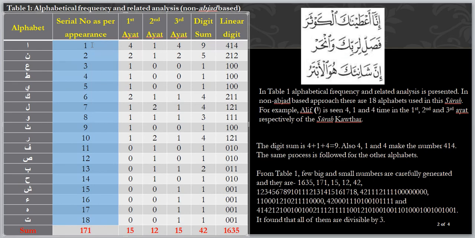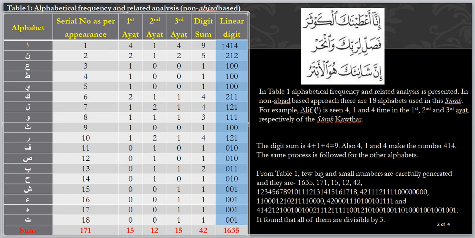In the first ayat, the number of alphabets found in the corresponding ayat is presented. The same is the case for the second and third ayat also. In this column, the digit sum of these three columns is presented, and then in the last column, the linear digit of these three values is shown.